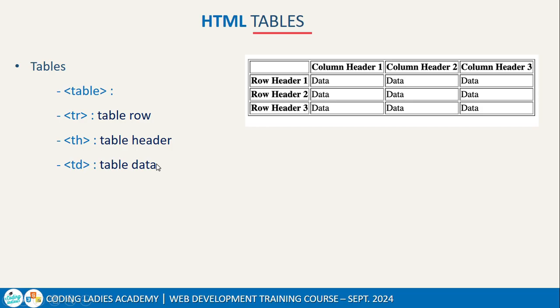The table row will contain the number of items or the data you want to include. So you have to specify the table row. Then our table data will be inside the table row. So let's see, the TD. If it is, let's take orange.